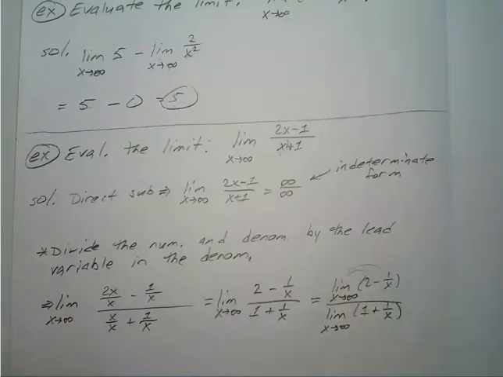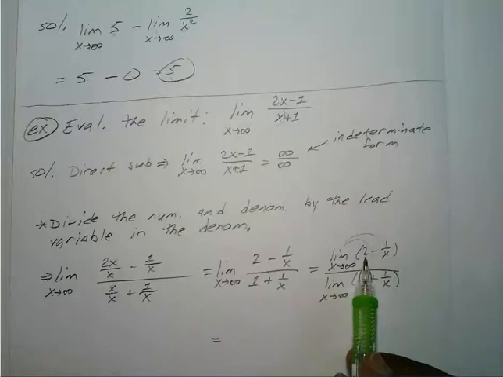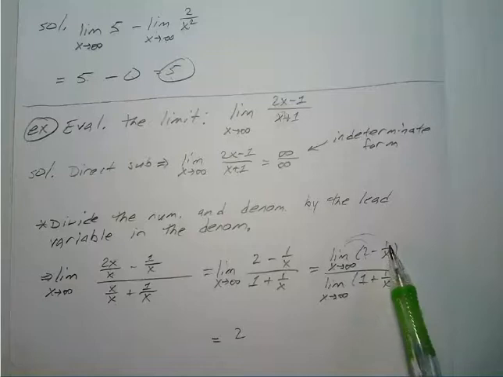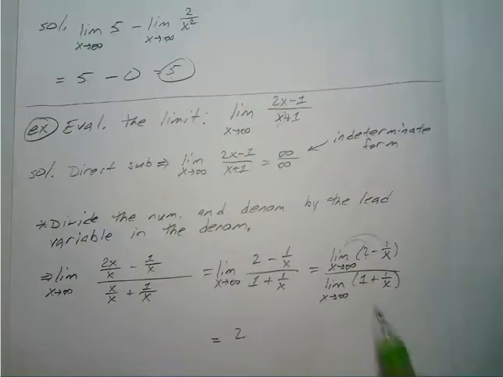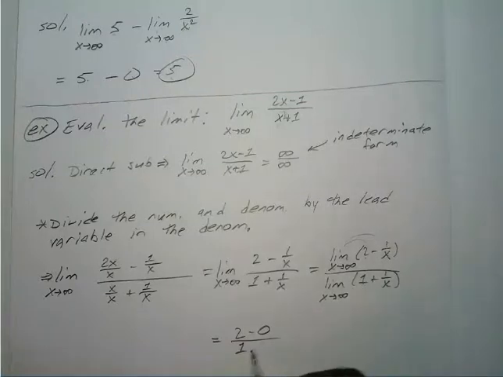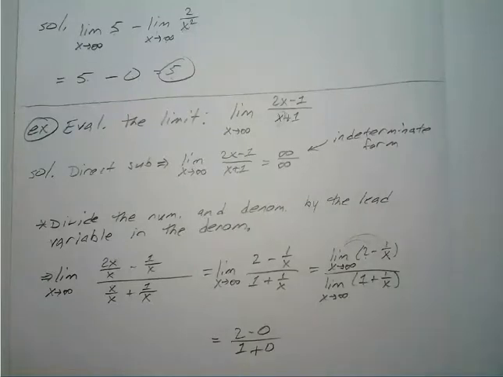That's going to equal, the limit of a constant is just that constant, so you have 2. And remember, the limit of a constant over x, which is x to the first power, equals 0. So you have 2 minus 0 over the limit of a constant, which is 1, plus the limit of 1 over x, which again is 0. So you have 2 over 1, which is 2.